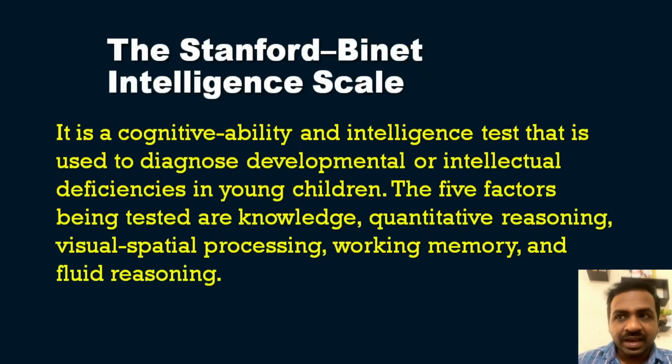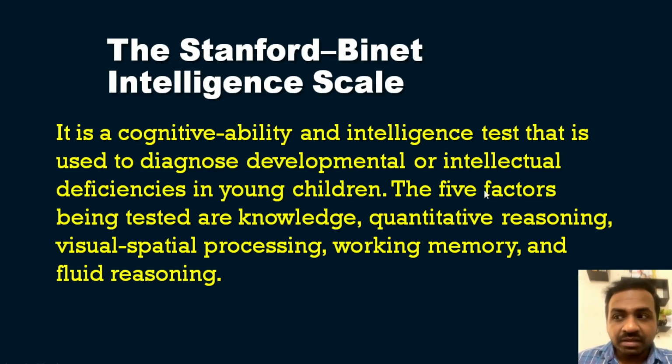Then we will see the another option, that was the Stanford-Binet intelligence test scale. So this is also another intelligence testing scale and it is a cognitive ability and intelligence test that is used to diagnose developmental or intellectual deficiencies in young children.